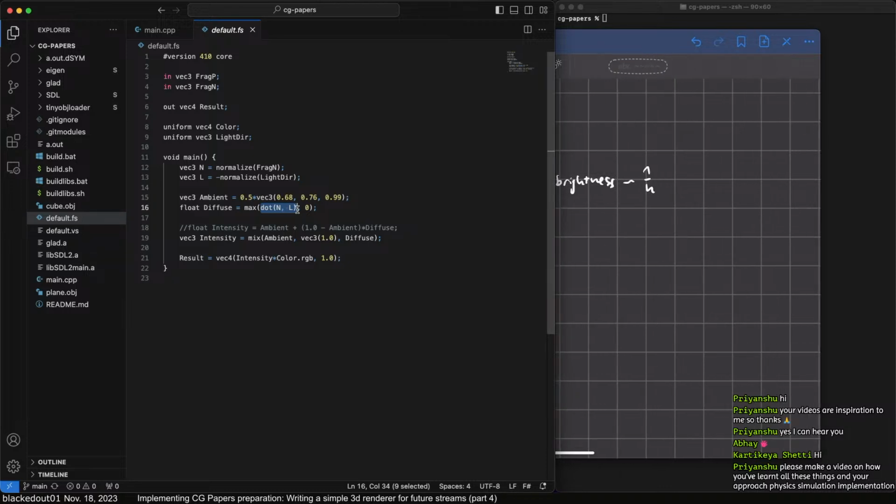So we can see that the length of this side here is equal to the length of this side here times the cosine of the angle, which in this case, because like I said, this angle here is the same as this one, is the same as the dot product between n and L. So what this means is H.